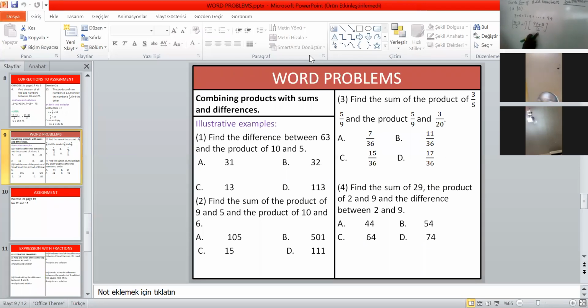Now, the next thing is, what is 99 minus 3? Anybody? 96 over 2 plus 1. Because 96 plus 3 is 99. So 99 minus 3 gives you 96.